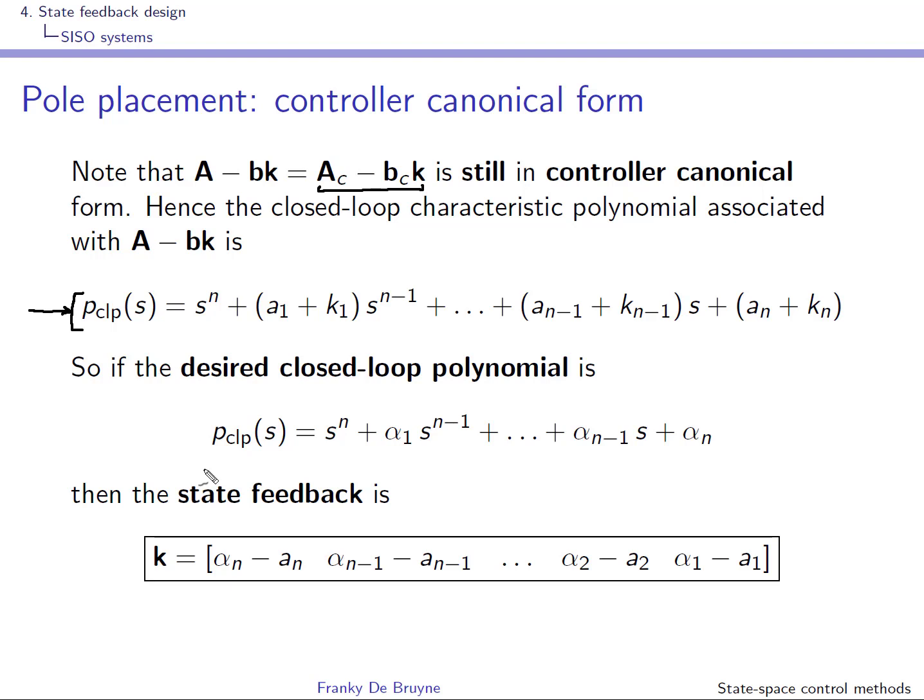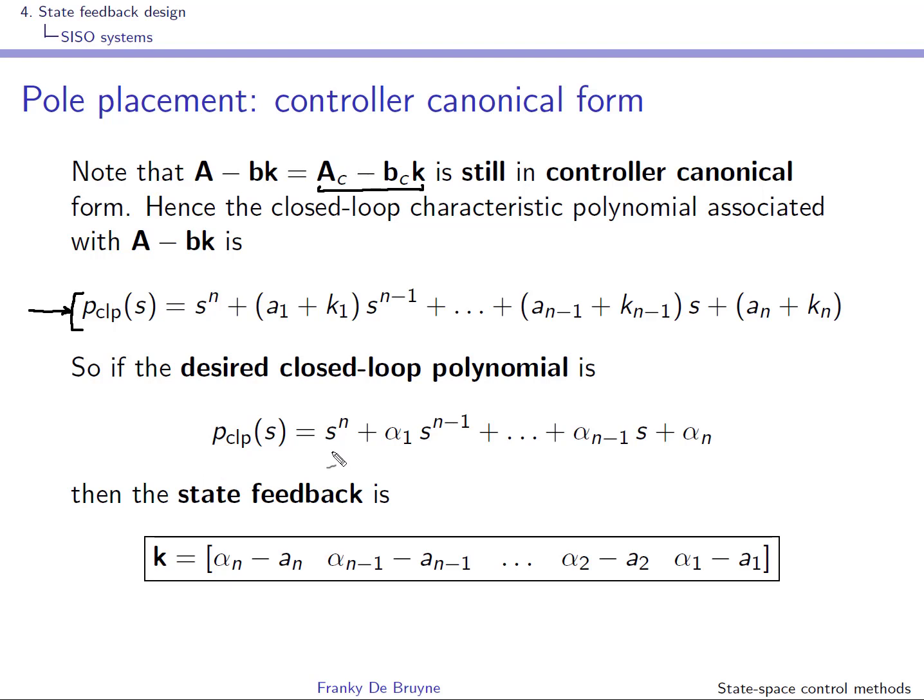So the idea here to design the state feedback is to choose desired pole locations for this closed loop polynomial. Of course we'll put these poles to the left of the imaginary axis, but we'll see later on in more detail how you can choose appropriate pole locations.